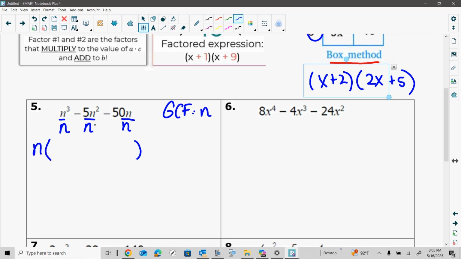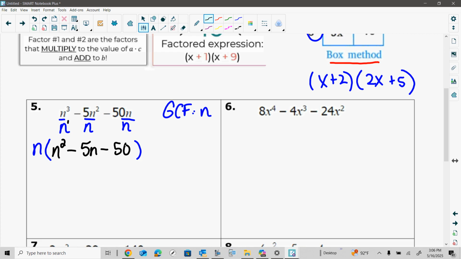And we're going to divide each term and simplify this. So inside, n to the third power divided by n, we subtract the exponents, just like n to the first. So 3 minus 1 is going to give me n squared. Then minus 5n. And then minus, because the n's will cancel here, 50. And now, let me fix that, sorry, minus 15.